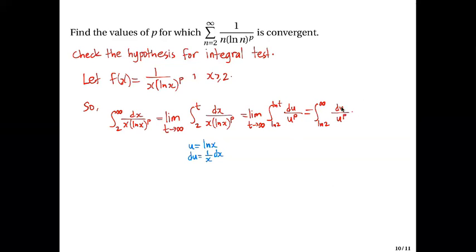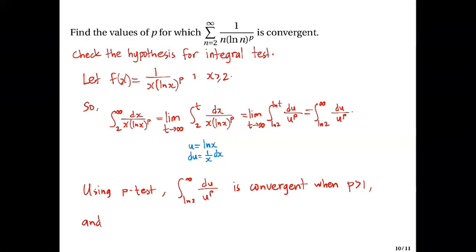Then you apply the p-test for improper integrals. You know that this is convergent when p is greater than 1 and divergent when p is less than or equal to 1.